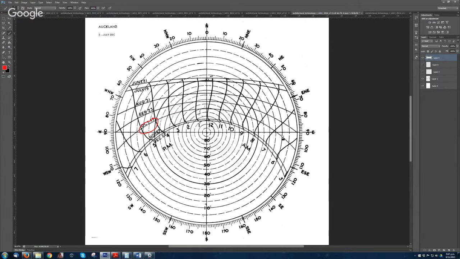So it's going to be around this one here. So now it's going to be 94 degrees east of north. And the altitude, just follow down, it's going to be 10 degrees.